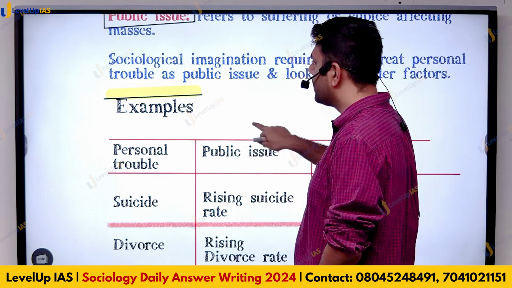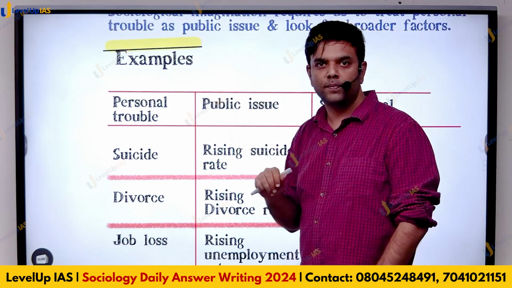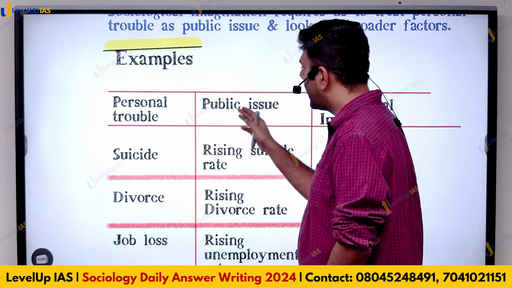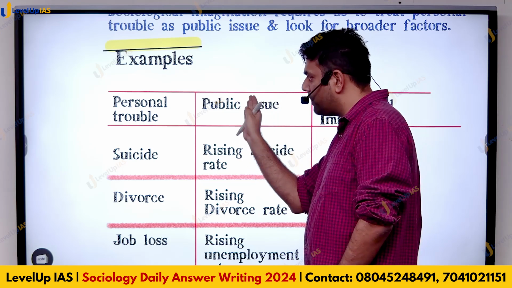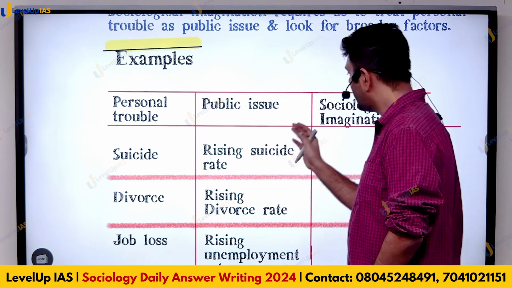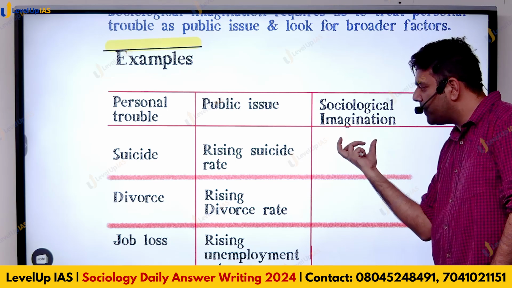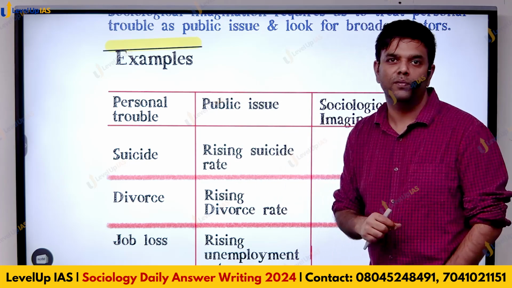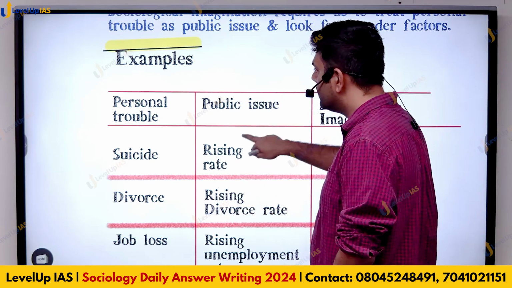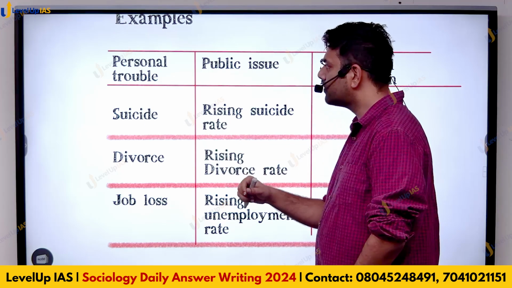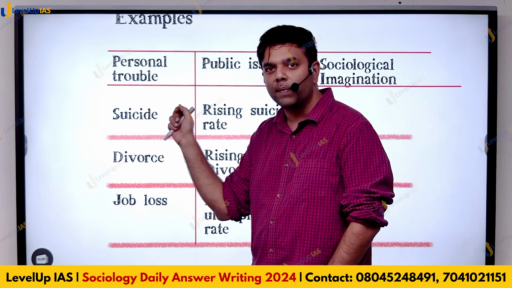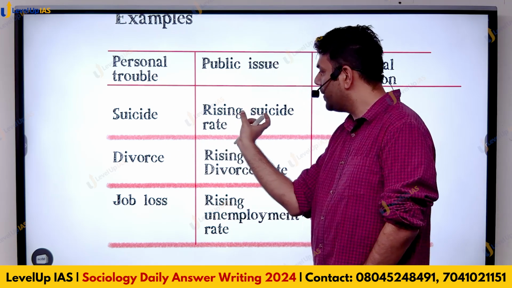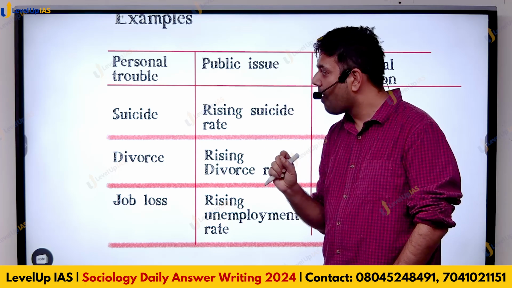Almost the same thing. Now I'll talk about examples. I'll write what are personal troubles. I'll write they are actually public issues. And then I will write the major broader social factors causing this public issue. Suppose suicide. It is a personal trouble, but sociological imagination wants me to think it is a public issue. So I will be concerned about the rising suicide rate.